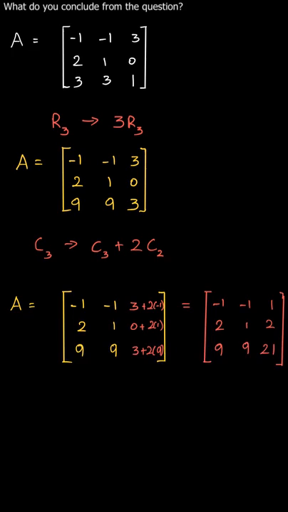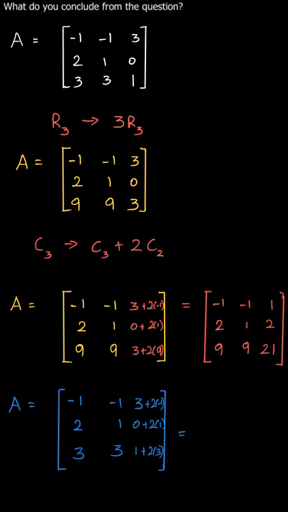So we will be having that the matrix A will be equal to, so the elements contained will be, other columns will remain same, that is -1, 2, 3, -1, 1, 3, and here we will be having twice of -1, 0 plus twice of 1, then we have 1 plus twice of 3, and it will be equal to the matrix of -1, 2, 3, then we have -1, 1 and 3.